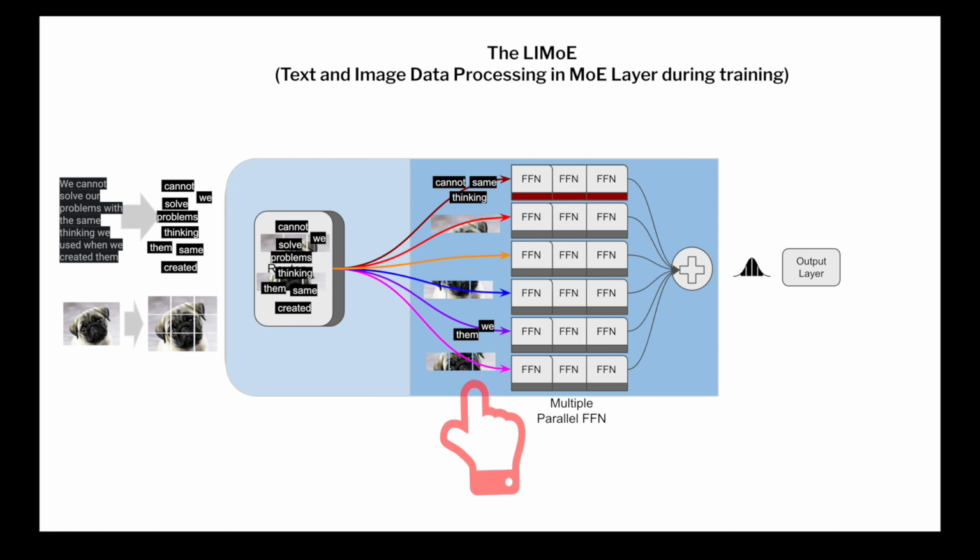It means if the total number of tokens are small, not the full layers or the expert layers will be activated. Only those expert layers will be active which are needed to manage the incoming token requirements. And at this point, the tokens are being processed by these multiple parallel FFNs or the expert layers.